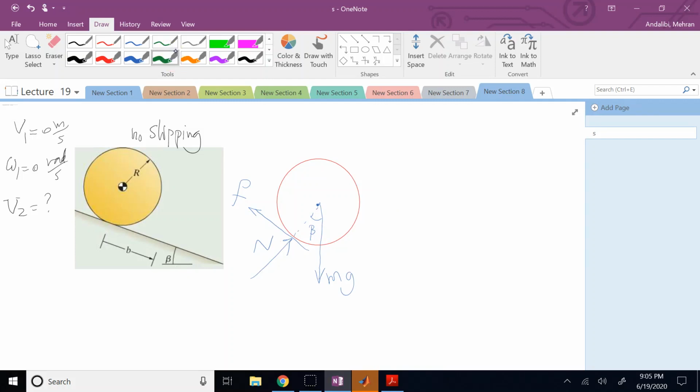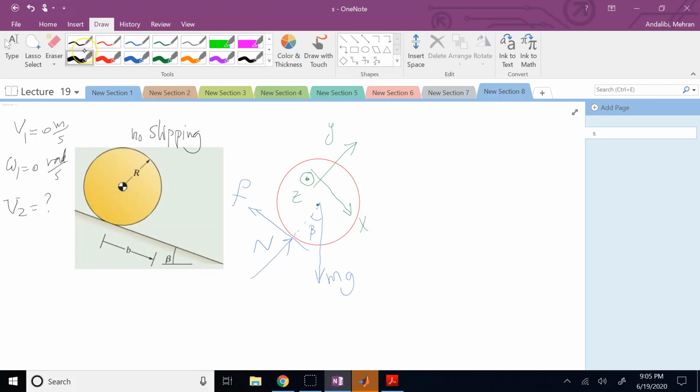Then we need a coordinate system, and I use the tilted version: x parallel to the inclined surface, y perpendicular, and then z out of the board. Okay, so now we are all good and set.